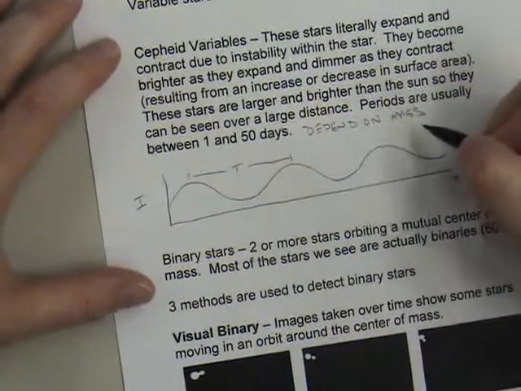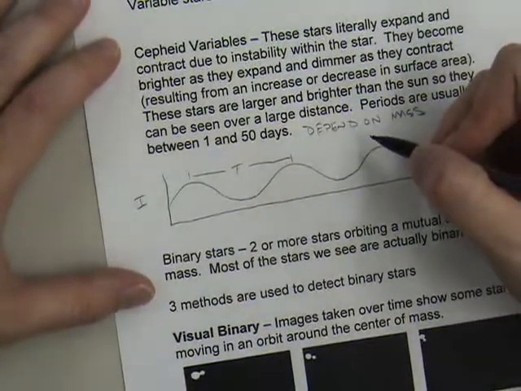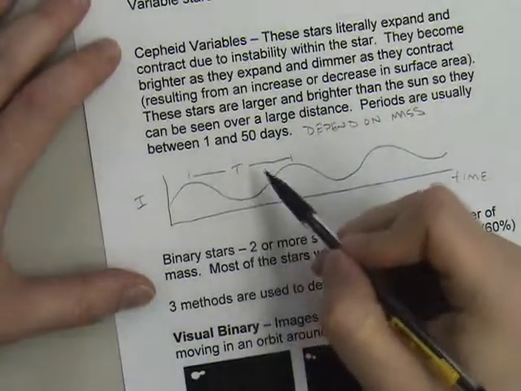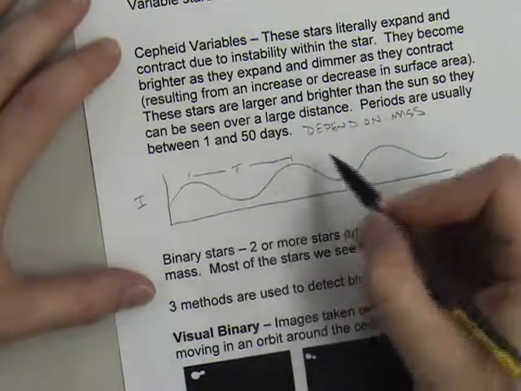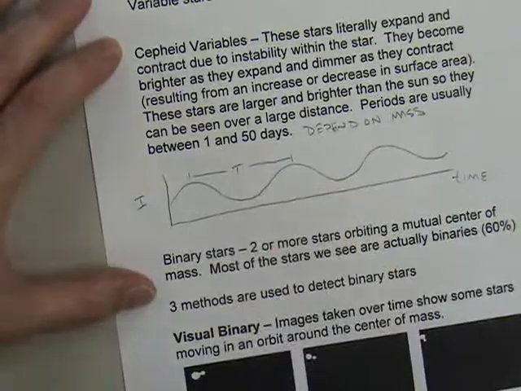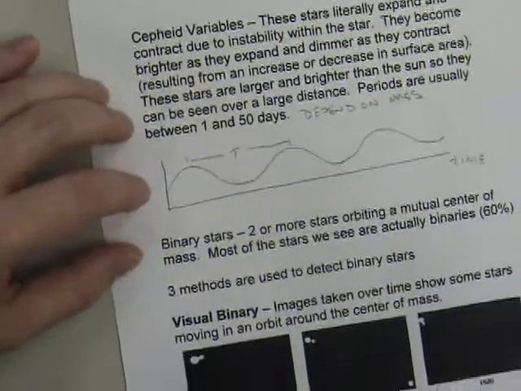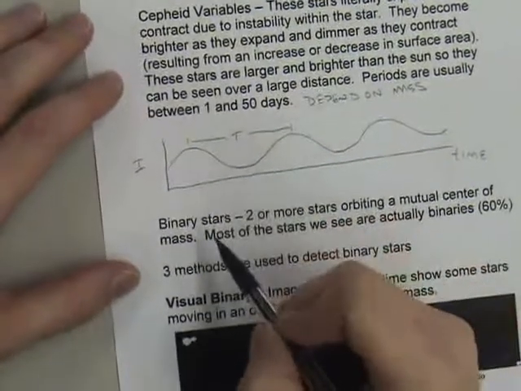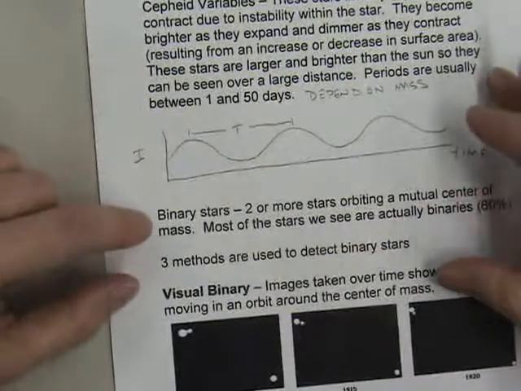Because it's dependent on their mass, the brightness of the star is dependent on the period. So by figuring out the period, you can figure out its true brightness by comparing it to other Cepheid variables that you've already plotted and that you already know the distance to. So Cepheid variables are really important, and we'll talk about them more when we get to the portion on the galaxies.